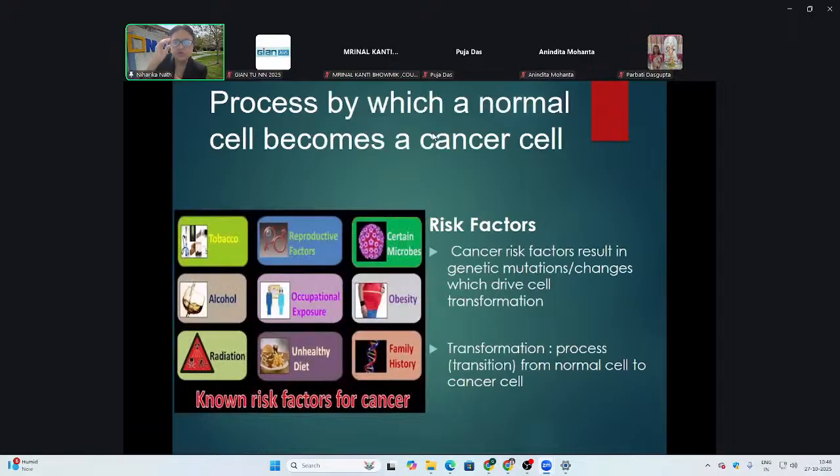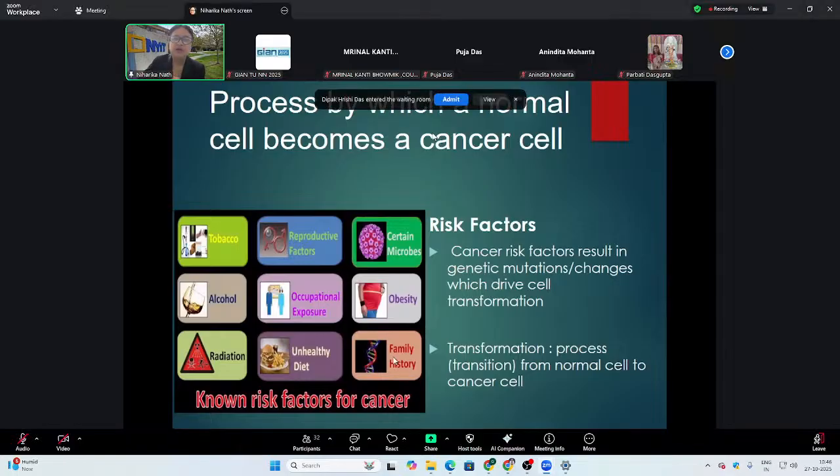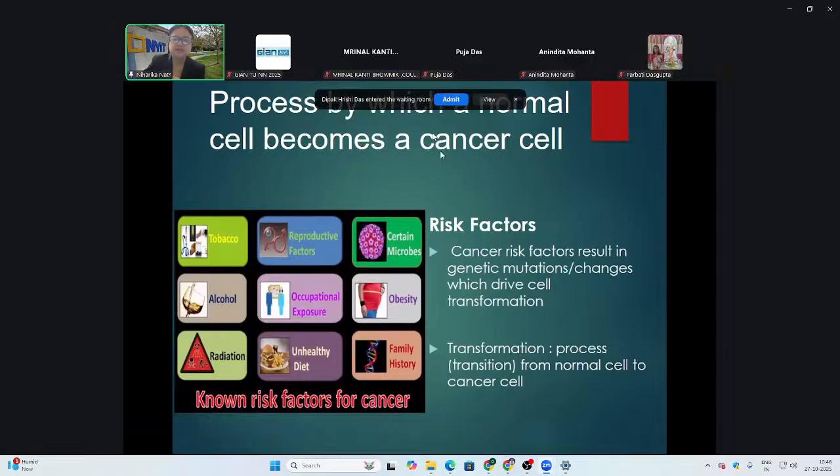In order to understand this, you really need to understand something about the risk factors, to understand the full mechanism of why the hallmarks are there.